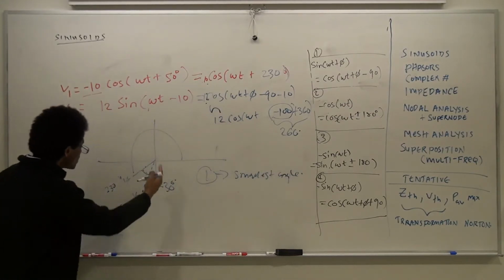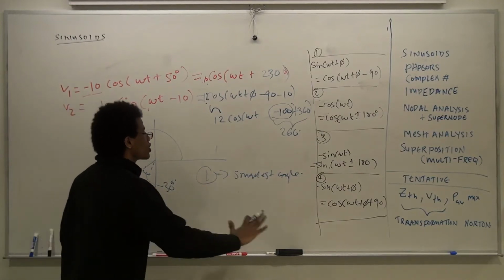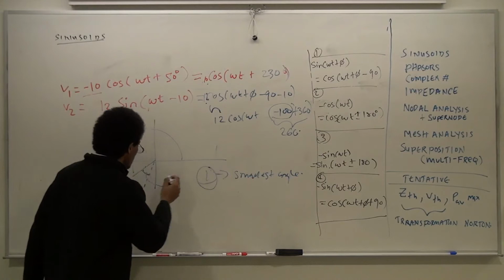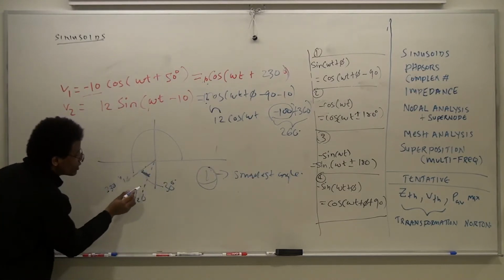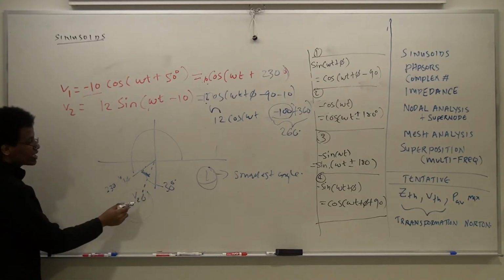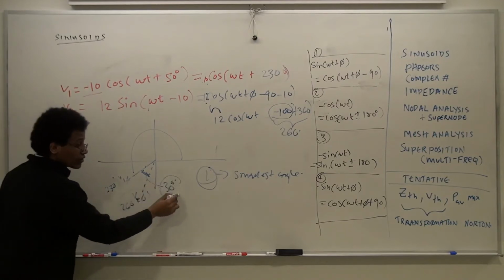Then, based on the smallest angle, the one that is more counterclockwise is the one that's leading. So you have to establish this first. The smallest angle is this one, and the more counterclockwise is V2. So V2 is actually leading V1 by 30 degrees.